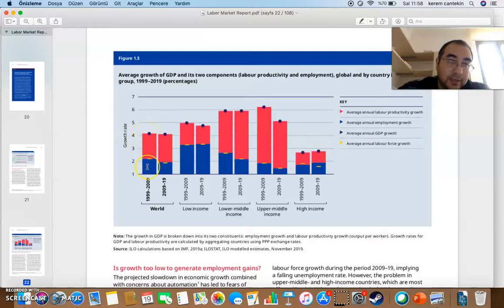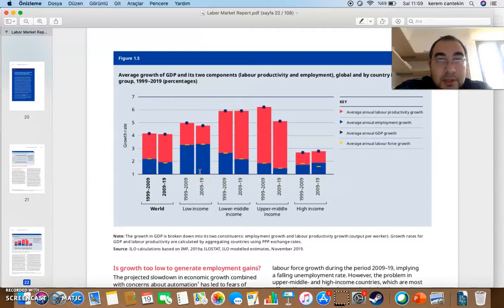More than 2% of it is based on labor productivity, and 1% of it is based on the employment growth. Of course, there's also annual labor force growth, which is also partially responsible for it. So annual labor force growth is 2% and 1%.